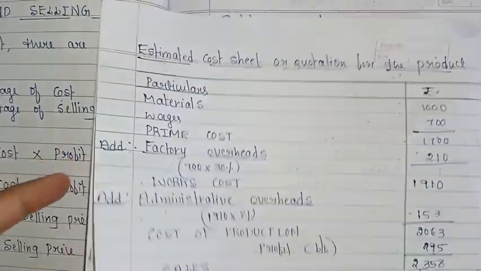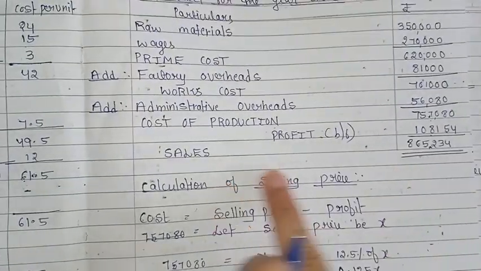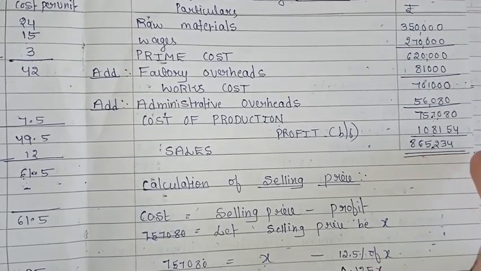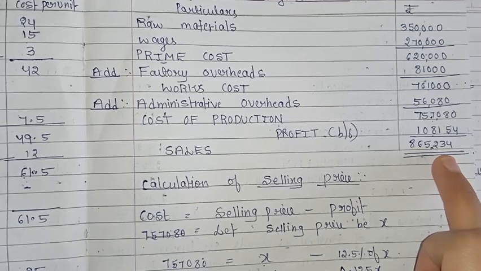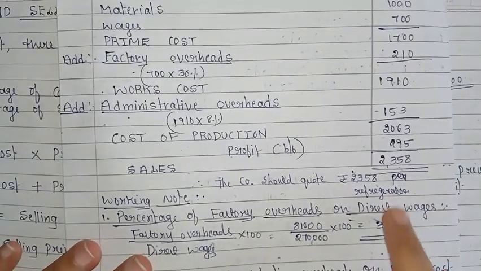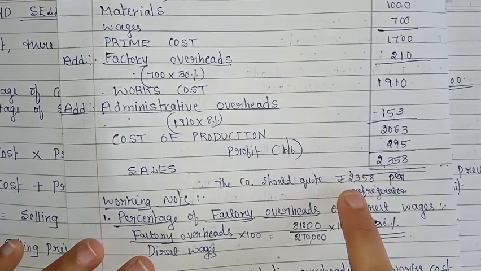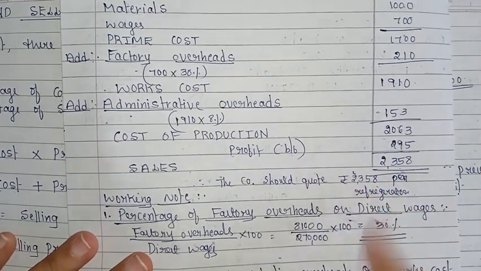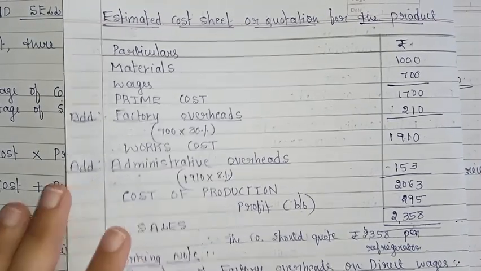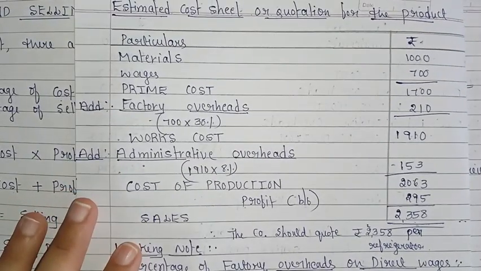Okay, clear? Here the sales is rupees 8,65,234. But for one refrigerator, what is the amount? That is rupees 2,358 per refrigerator. In this way, we have to calculate or prepare the estimated cost sheet.